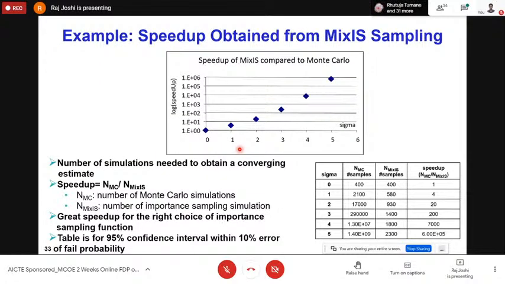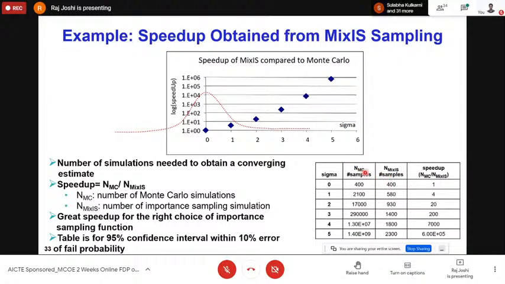Just to give you an example of how fast this technique is: this is the Monte Carlo technique, which is difficult to get into this region. And here is our technique, mixture importance sampling. You see the speedup as a function of sigma. We want to reach higher sigmas.